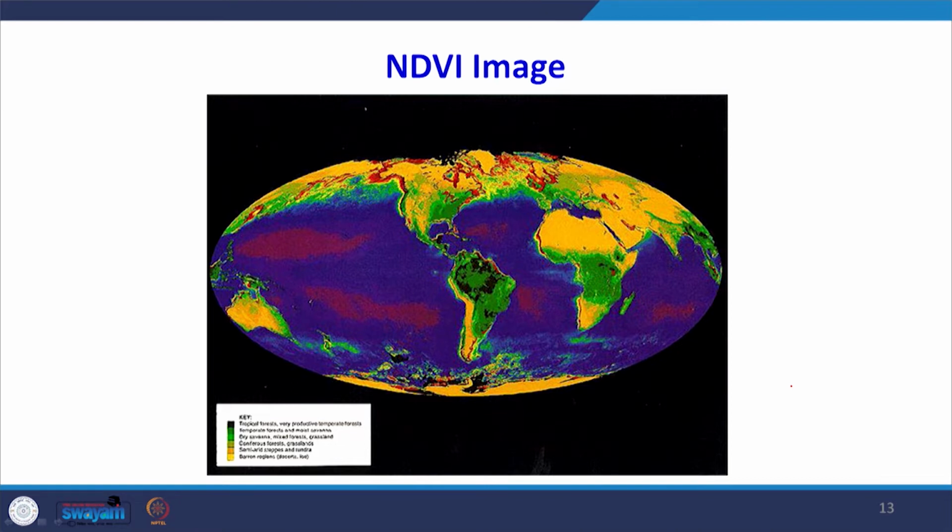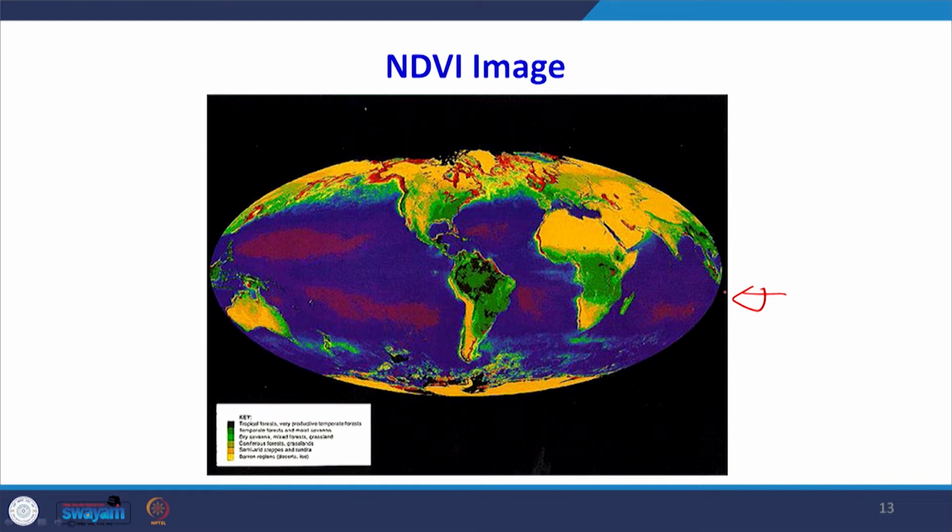So this example shows the NDVI image of the whole world. This is an NDVI image which we have obtained from coarser resolution data which covers the entire area, like an AVHRR image. Here the resolution is coarser but the area covered is much larger.